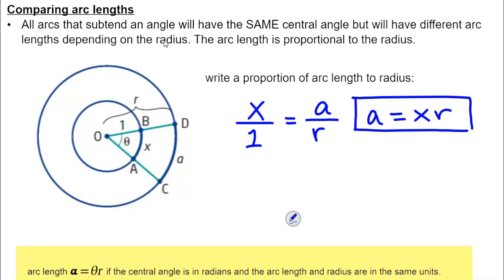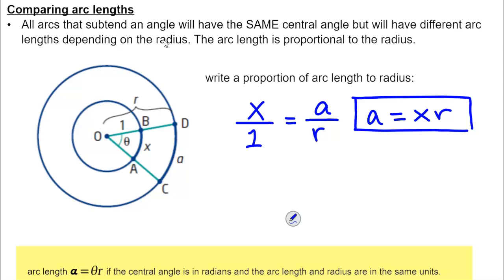Okay, so we see that the arc length equals the x times the radius. We also know that on the unit circle, in radians, the arc length is the same as the angle measure.